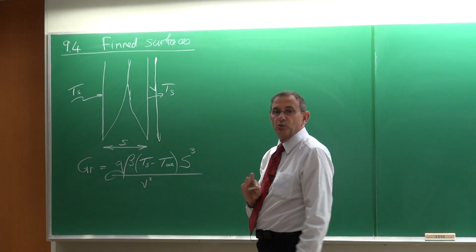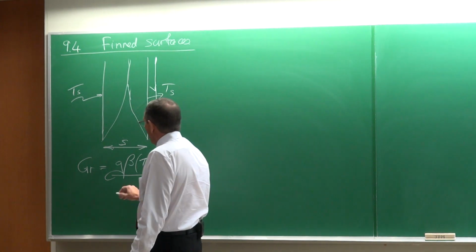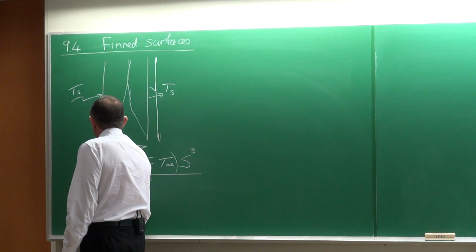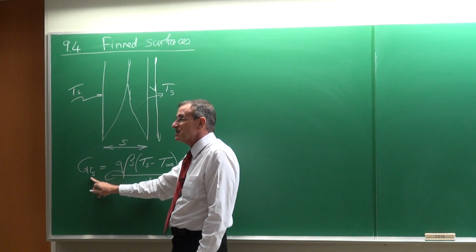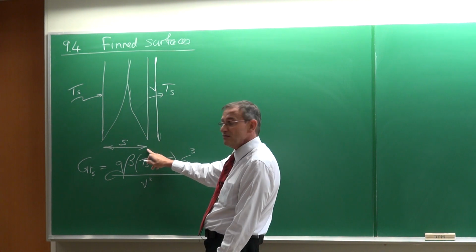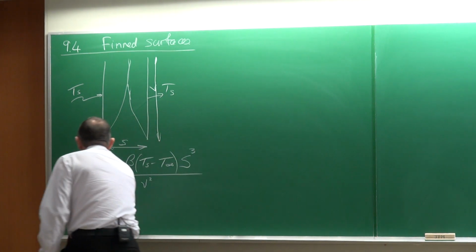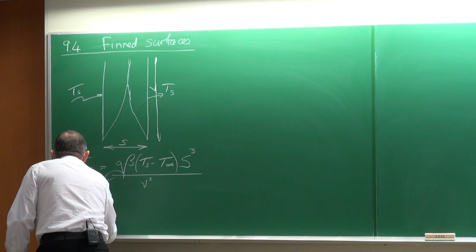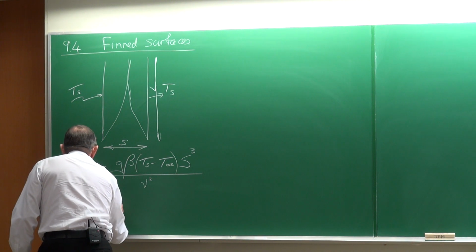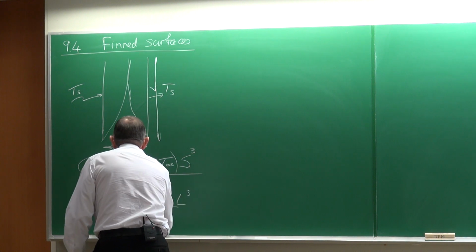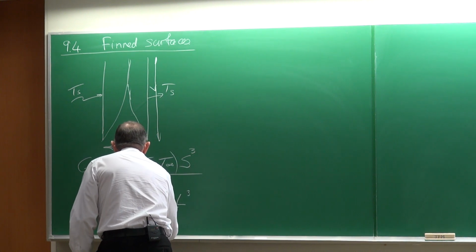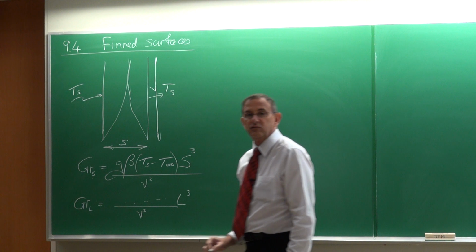Now it's very, very important to take note of what we would do here. This indicates we are using S as the characteristic length, but there will be other cases where we will rather use L as the characteristic length. And then there we will of course have L to the third. So you have to be very careful of that.